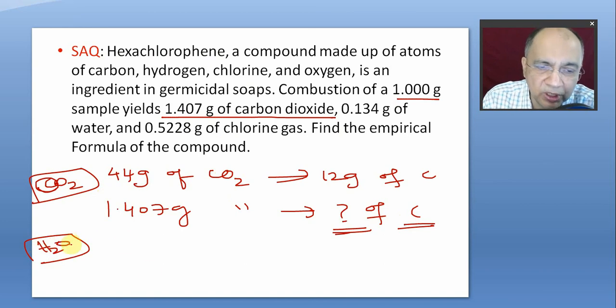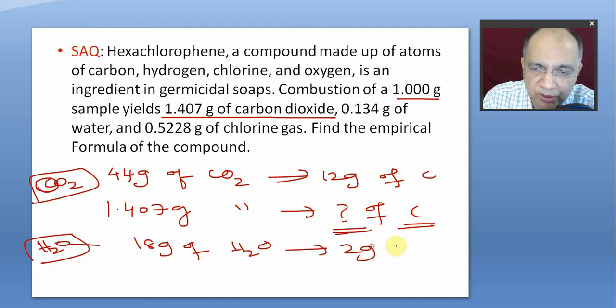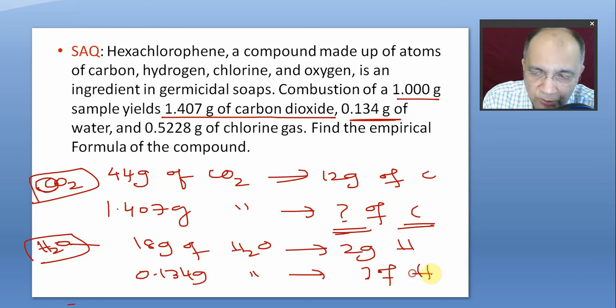Similarly, from the water composition, we can find out the mass of hydrogen present in that organic compound. Because water has a molecular mass of 18, 18 grams of water contains 2 grams of hydrogen. So the mass of water produced is 0.134 gram; how much hydrogen does it contain?